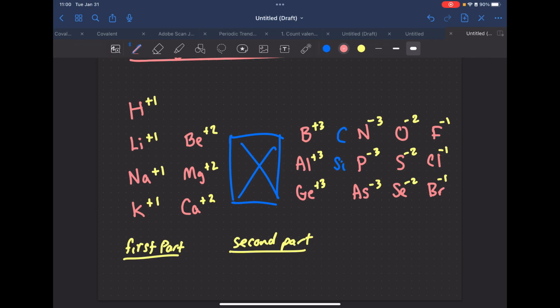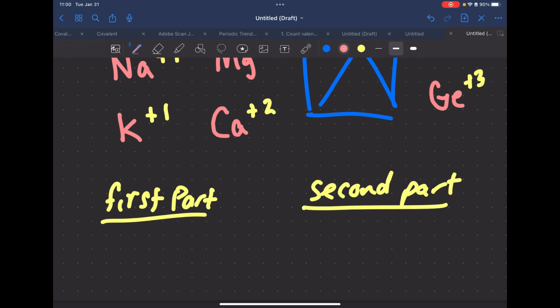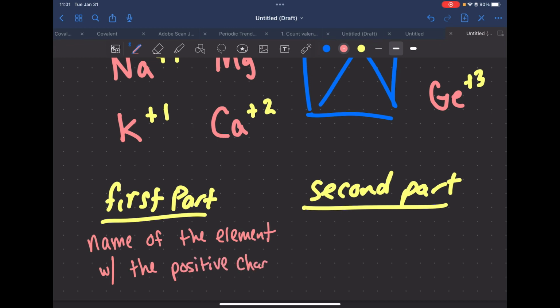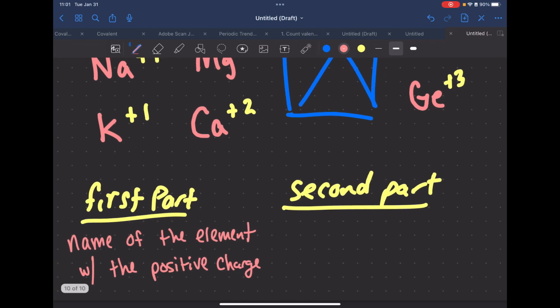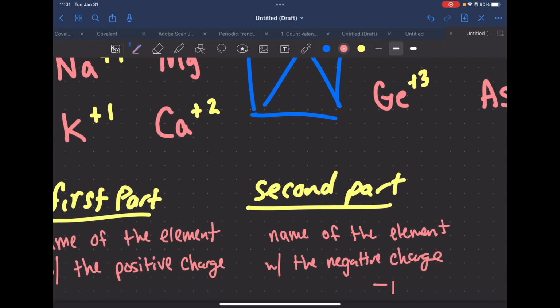The first part is always going to be the name of the element with the positive charge. The second part is always going to be the name of the element with the negative charge. But it's going to have that "ide" ending again.